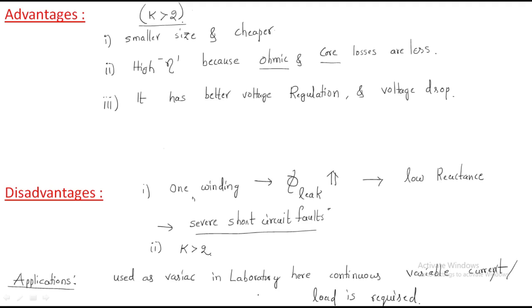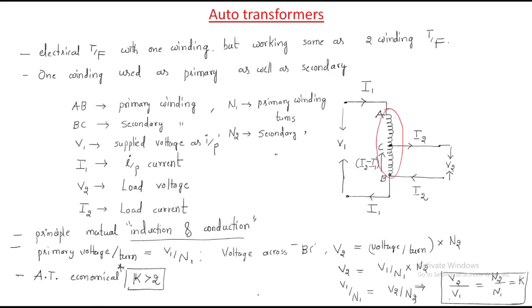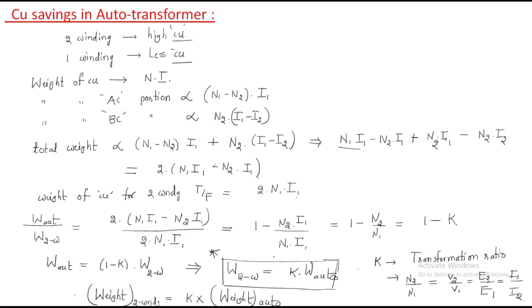So this is about the auto transformers. The most important thing is that the auto transformer is very applicable compared with the two winding transformer because it is cheap and has only one winding, used as both primary and secondary. It saves more copper because it has only one winding, so it has less resistance and less loss. Saving of copper is very high.